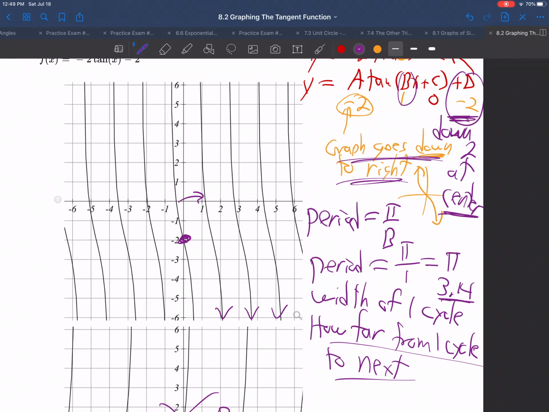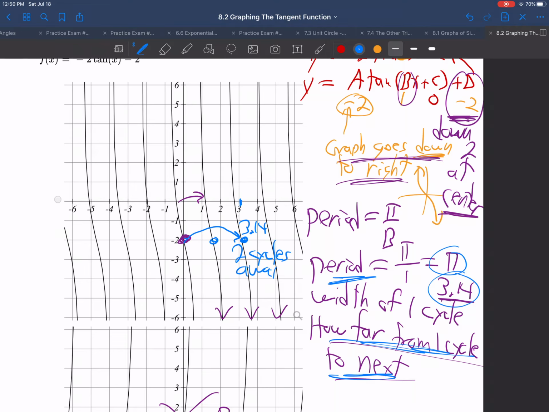So the only way to distinguish which is correct between those two is to look at the period. What's the period? The period is pi, 3.14, which is how far from one cycle to the next. So from here to there, that looks like just more than 3, right? So 3.14, but that's actually 2 cycles away, isn't it?